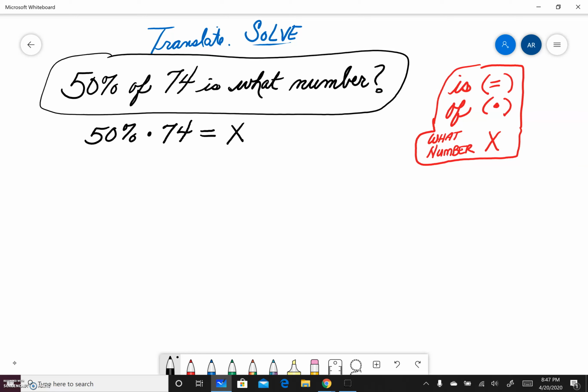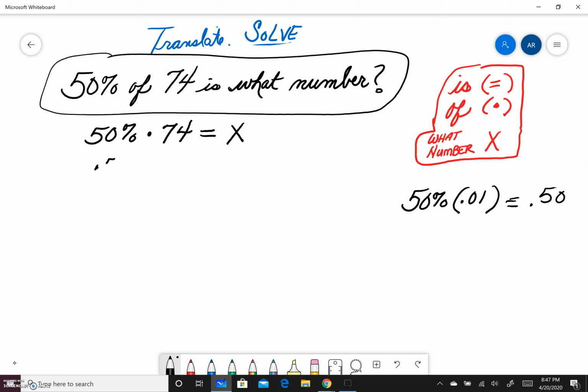Now, before I can start solving for the letter x, I have to make sure I convert this 50% to a decimal. And remember, I'm going to write it over here to the side, 50%. To get that as a decimal, we're going to multiply by 0.01. And when you plug that into the calculator, you should end up with 0.50.